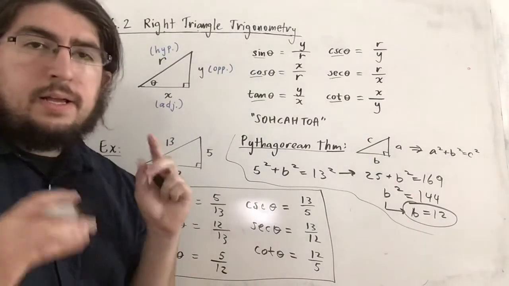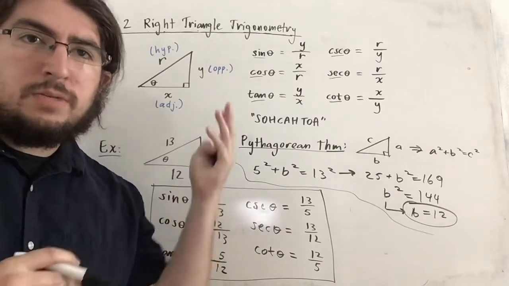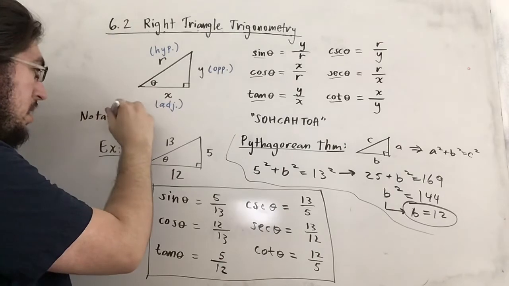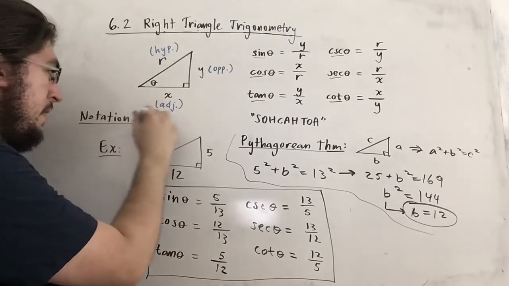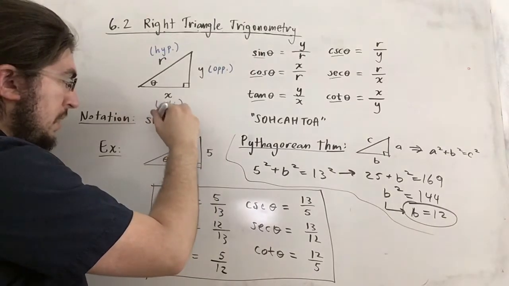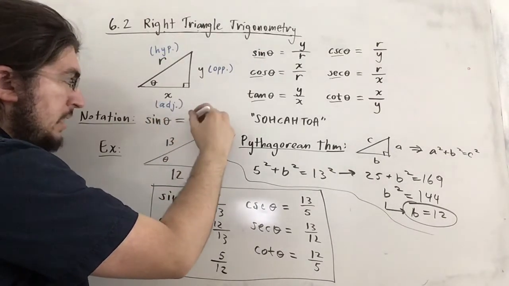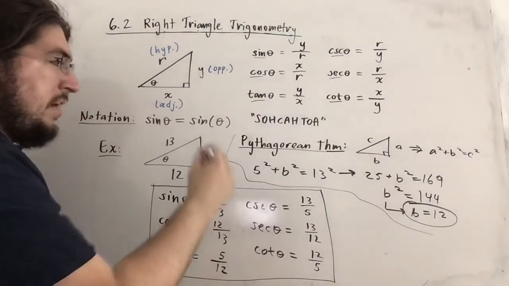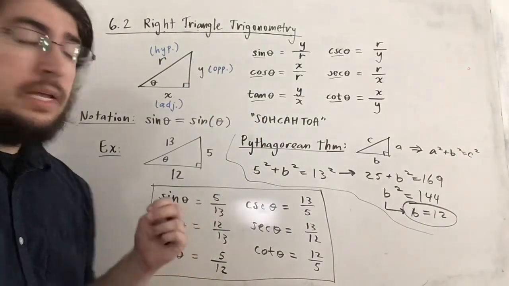By the way, just so we're understanding the notation here, let me write that in this spot. I'll just use sine as an example. But sine theta means sine of theta. So kind of think of f of x. Sine is a function.